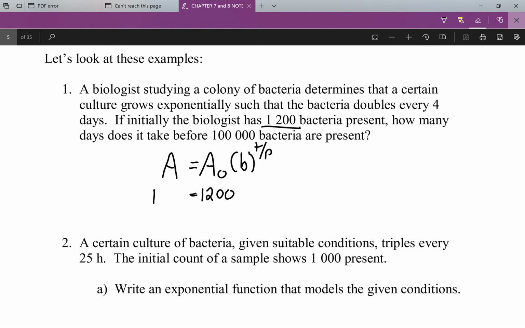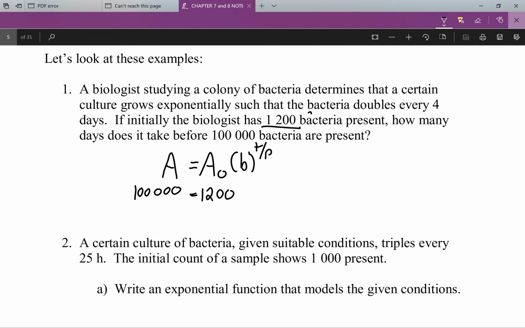Sorry about that, I almost wrote it on the wrong side there. From here, we want to know how many days it takes before we have 100,000. So 100,000 will end up being what I get on my left-hand side.